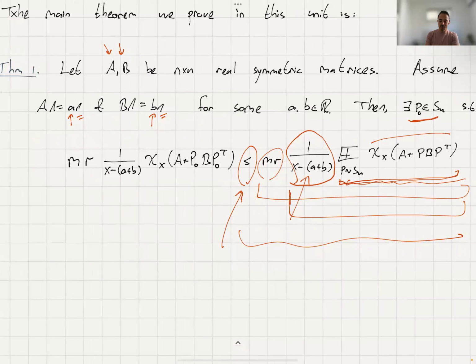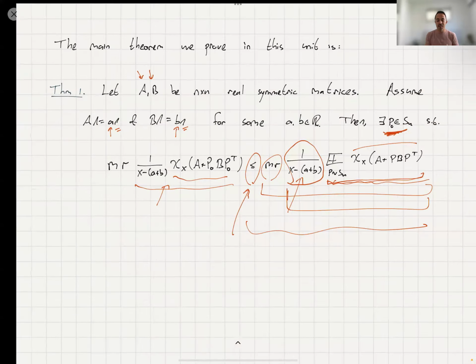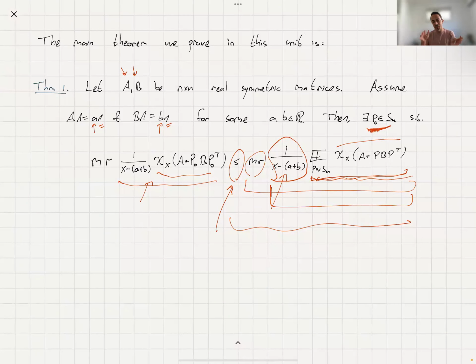Then we will be able to argue about one particular point in the sample space, P0, and argue that the max root of that particular polynomial, so here there are no expectations, is just the characteristic polynomial of some graph, if A and B were graphs, one corresponding to permuting B's vertices by P0 and adding to A. The left-hand side talks about the maximum non-trivial root of that polynomial, and that theorem guarantees that a bound on the maximum root of the expectation implies a bound on the maximum root of some particular instance of a permutation matrix. That's exactly what we want.